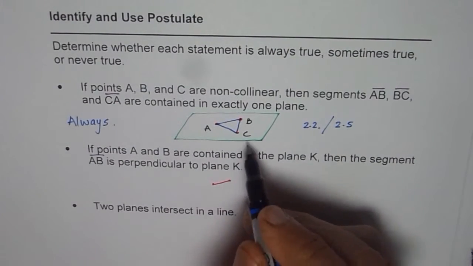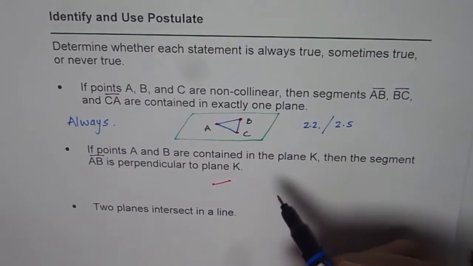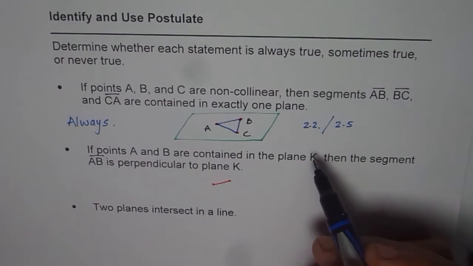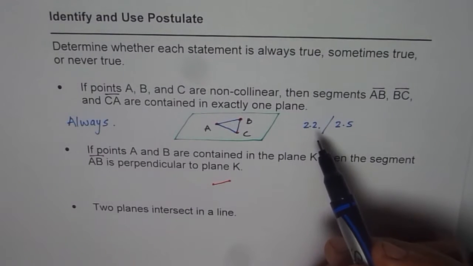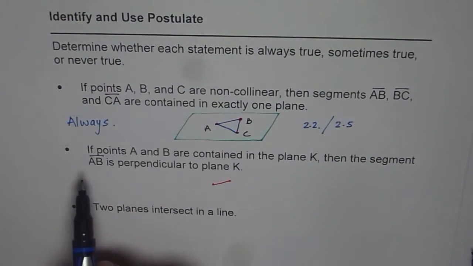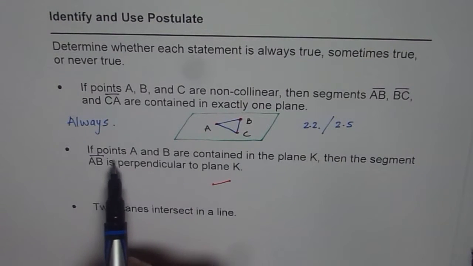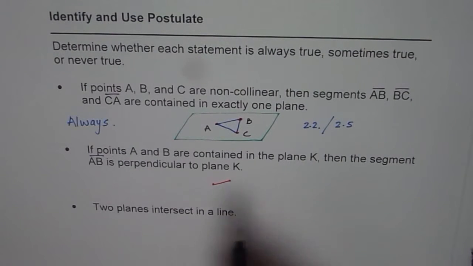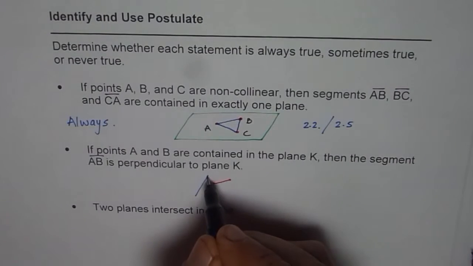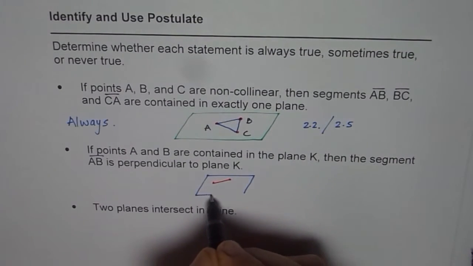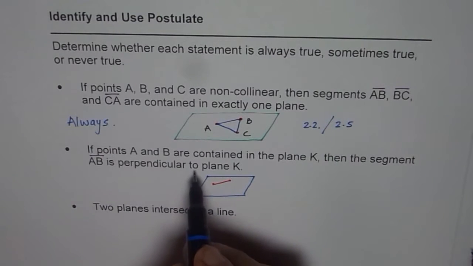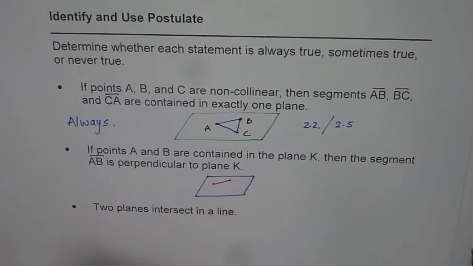The type of proof which we have given, or the reason which we have given, is a set of statements which could be formed as a kind of paragraph, right? The second one is, if points A and B are contained in the plane K, so these 2 points are contained in the plane K, then the segment AB is perpendicular to K. Well, that is false.